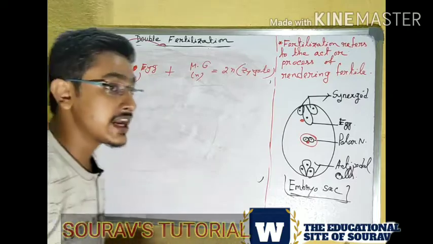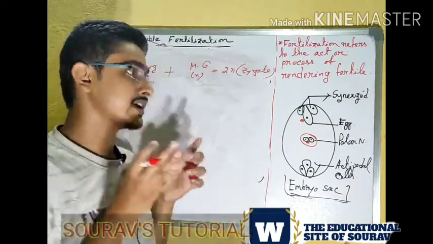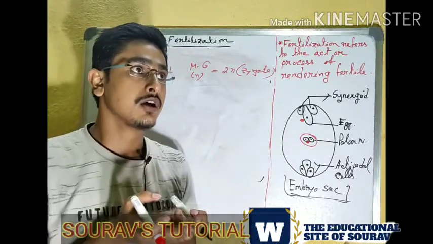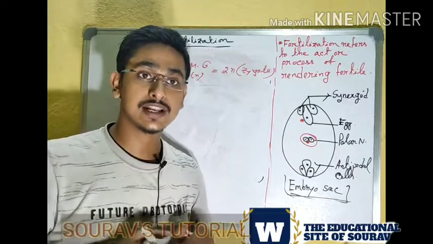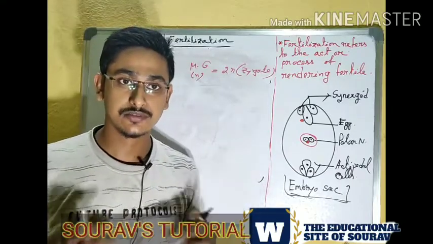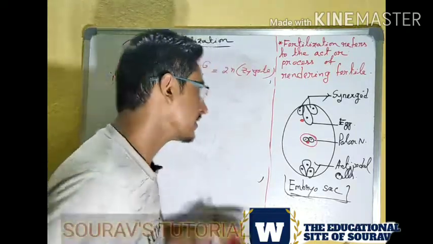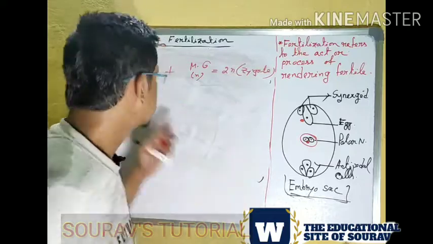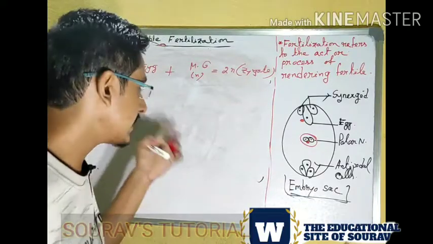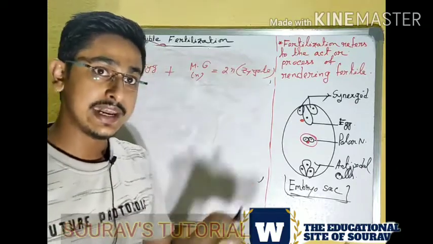This is the fertilization. I say the fusion of male gamete and female gamete is called fertilization. The fusion of male gamete and female gamete is called fertilization. So this is fertilization, there is no doubt. But it has a particular name.